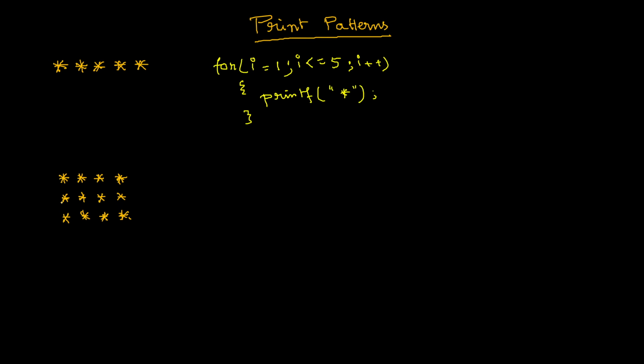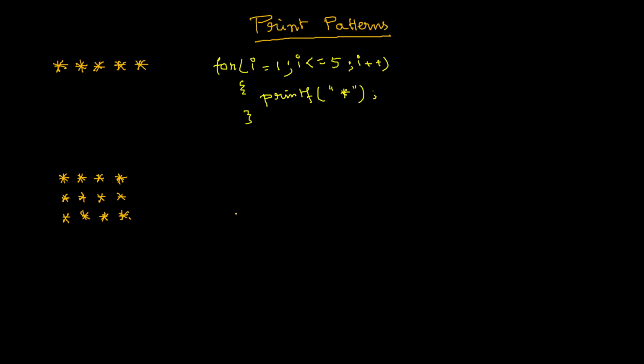What you can do, there are two ways you can try to do this. If I tell you to draw this pattern on your copy, either you can do it row wise or column wise. What I mean is either you can draw all the stars in the first row, then the stars in the second row, then the stars in the third row.